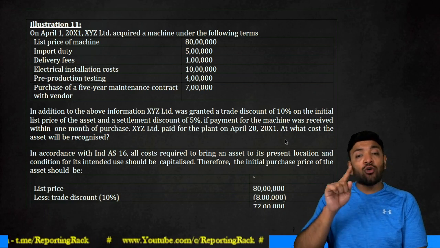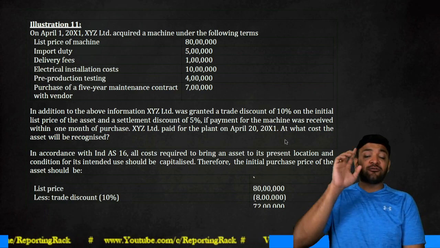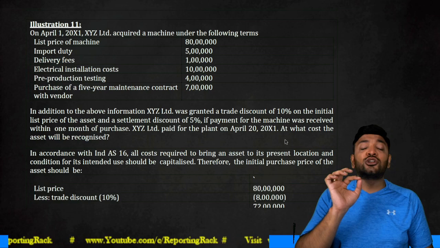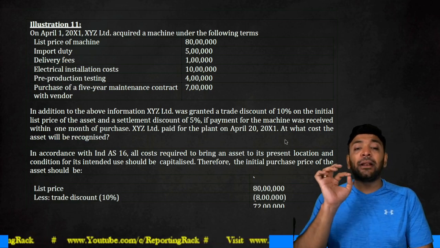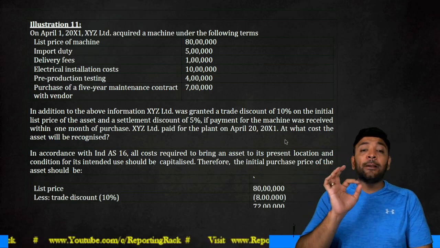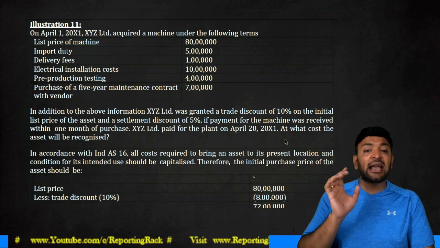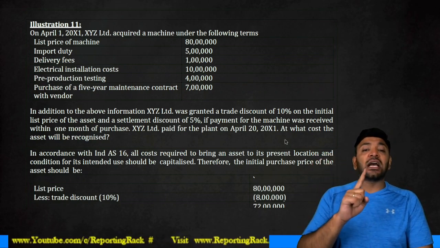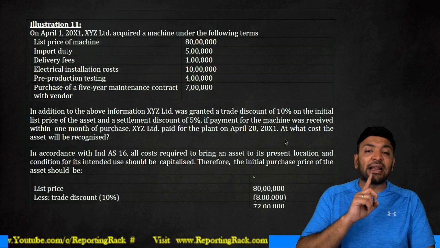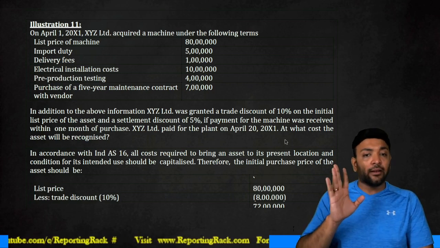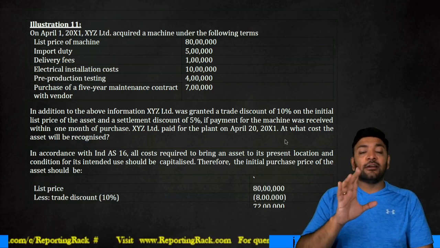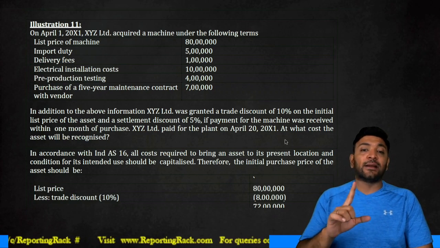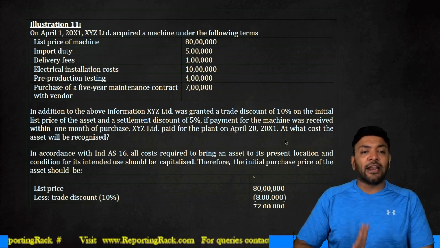But since you already paid for it as a 5-year maintenance contract, it should be considered as a prepaid expense. Prepaid maintenance contract of 7 lakhs. Every year, you charge exactly 7 lakhs divided by 5 to your P&L, in such a way that over 5 years, the entire 7 lakhs of prepaid expenses will be amortized to the P&L.